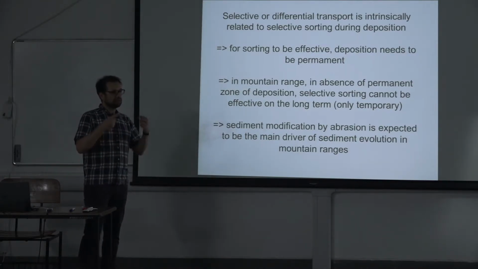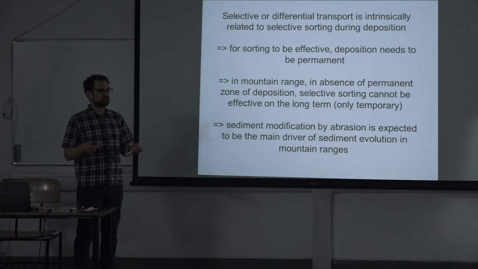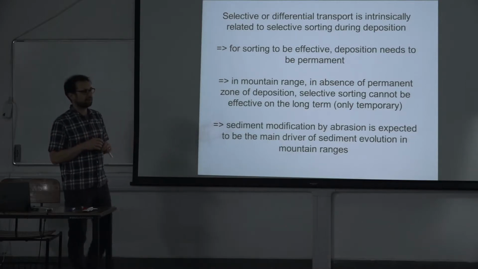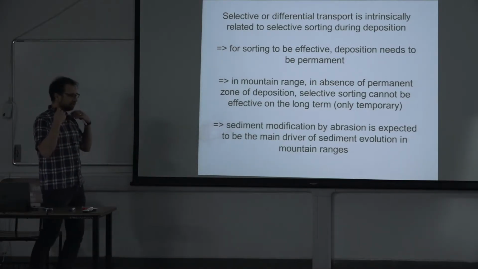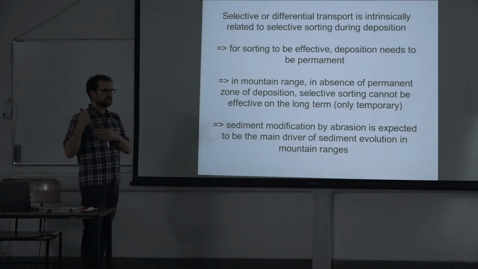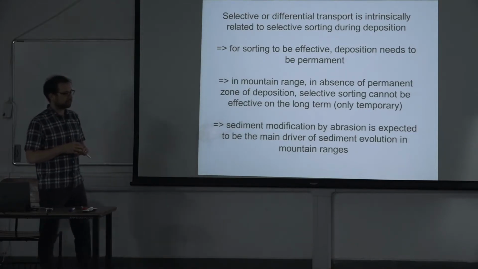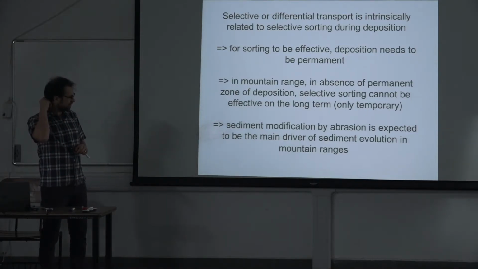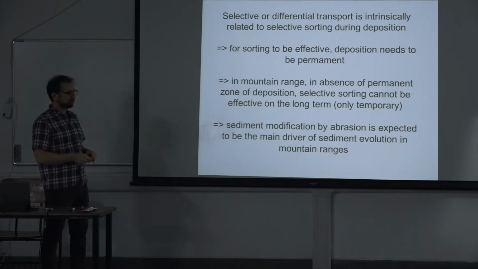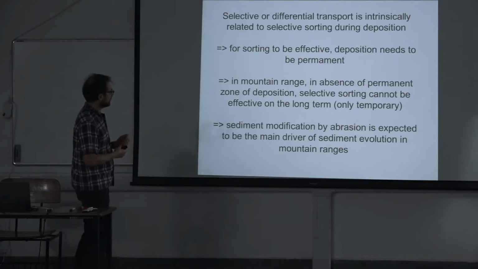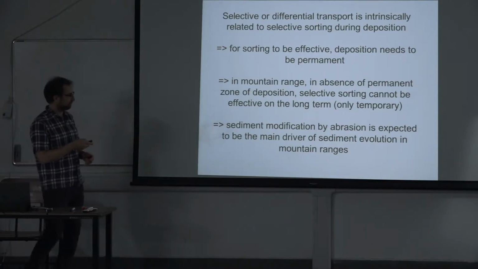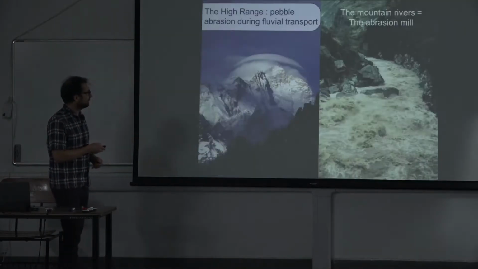But in the long term, the terraces will be re-incised, re-eroded, and all the material will be evacuated from the mountain range. So there is no long-term storage possible in the mountain, and all the material will be transported downstream. So it's difficult to imagine that you can explain the fining just by selective sorting. You need an extra process, and it's most probably abrasion, to fine your sediment.